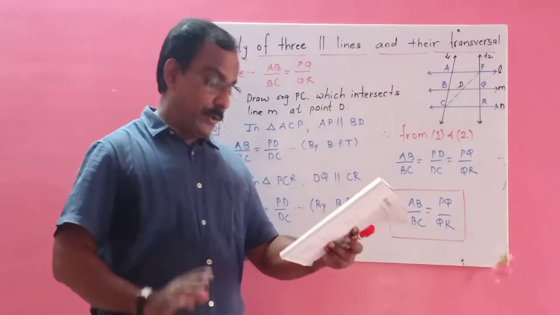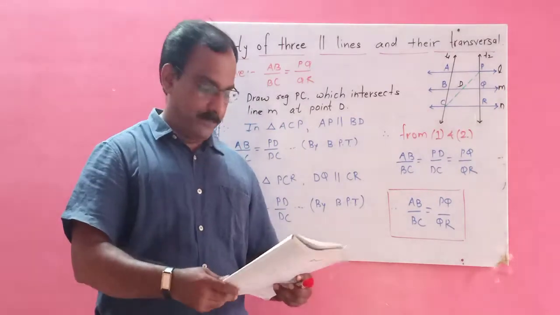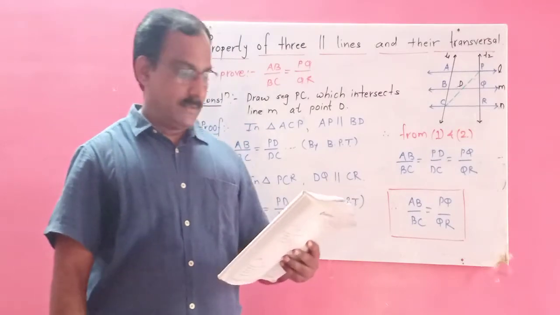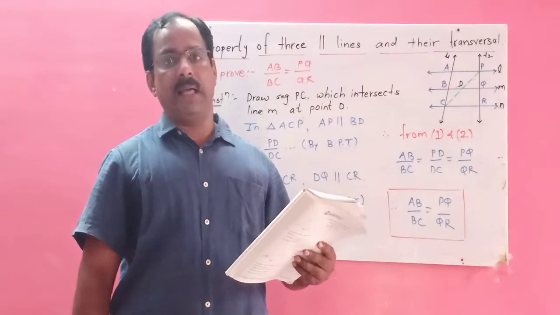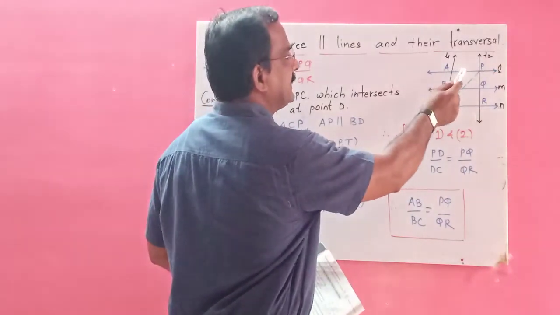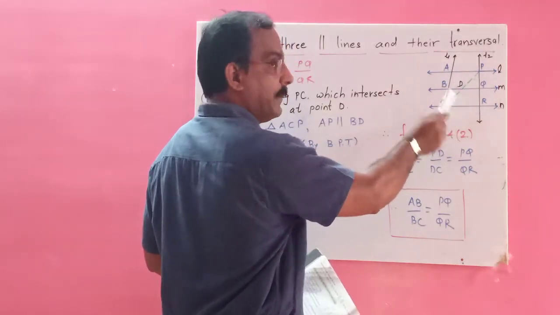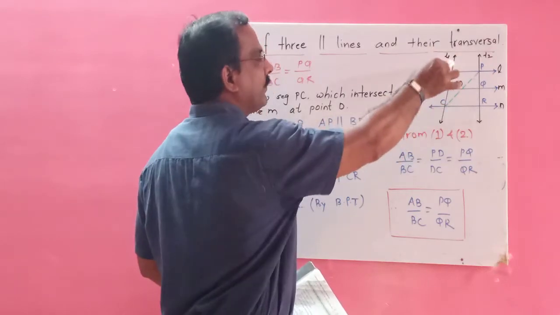Now just see in your textbook, page number 10, what is given in the theorem. The ratio of intercepts made on a transversal by three parallel lines means, if you take these three parallel lines, they make intercepts on T1.